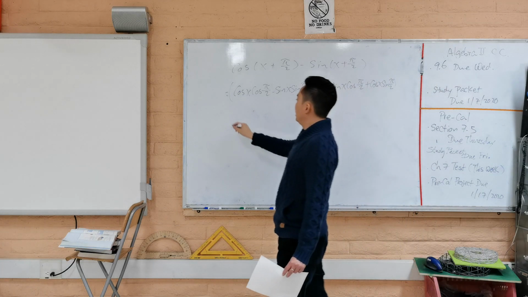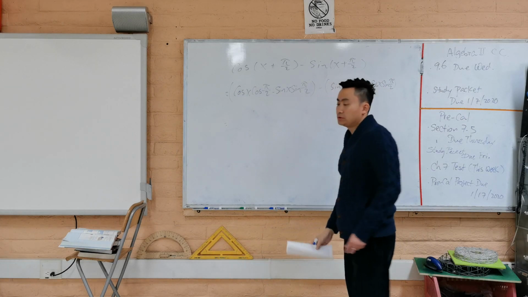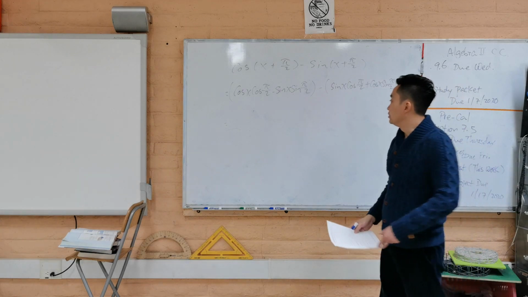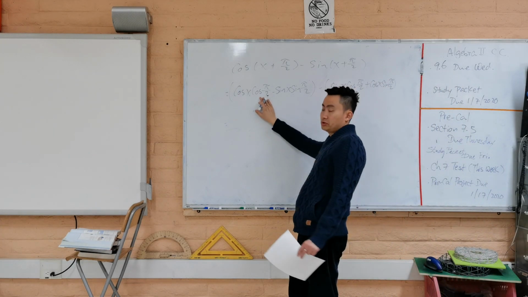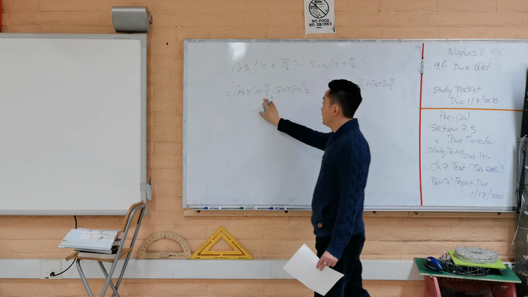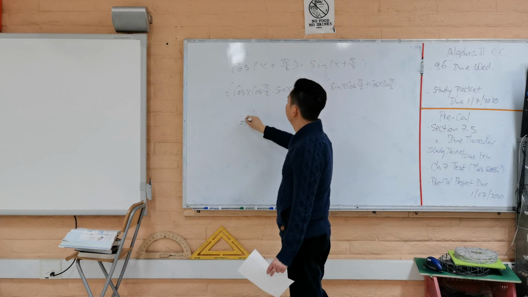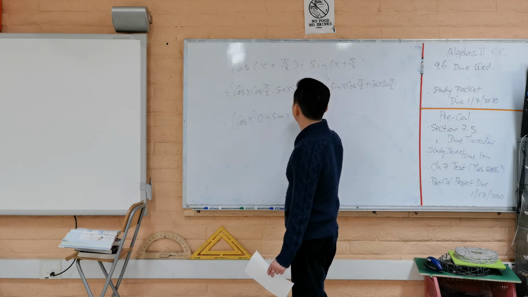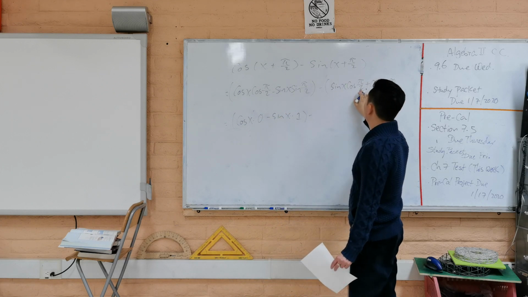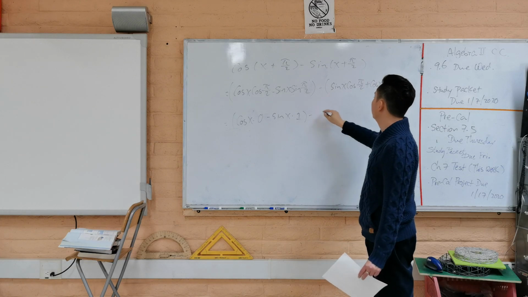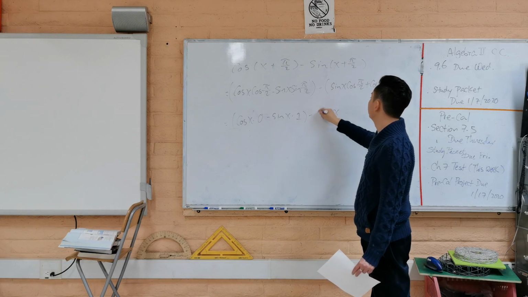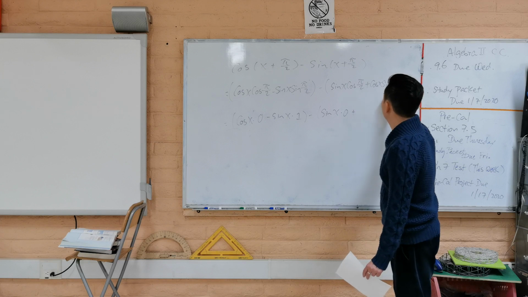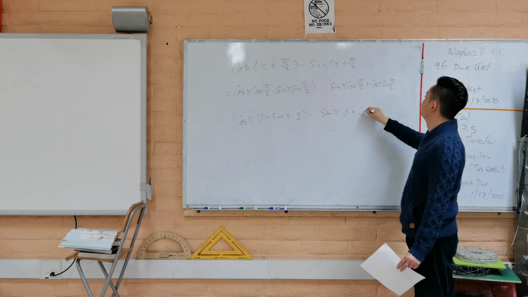You might be wondering if there's anything we can simplify or evaluate. According to the unit circle, cosine of pi over 2 is 0, and sine of pi over 2 is 1. Over here, cosine of pi over 2 is also 0, and sine of pi over 2 is just 1.